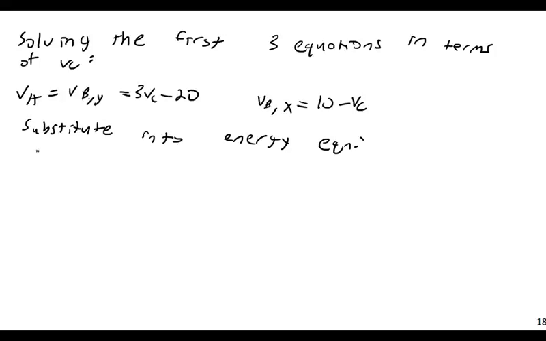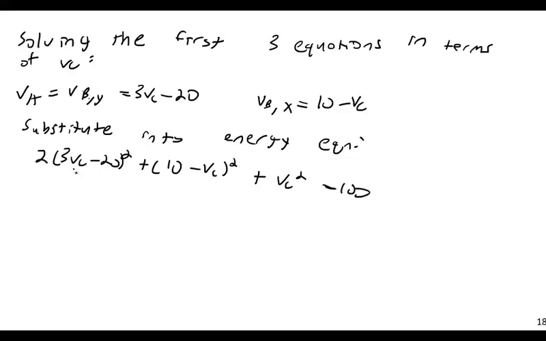Well, I will get that 2 times (3VC minus 20) squared plus (10 minus VC) squared plus VC squared equals 100. I can get the quadratic 20 VC squared minus 260 VC plus 800 is equal to 0.